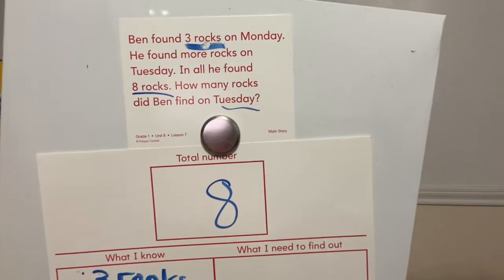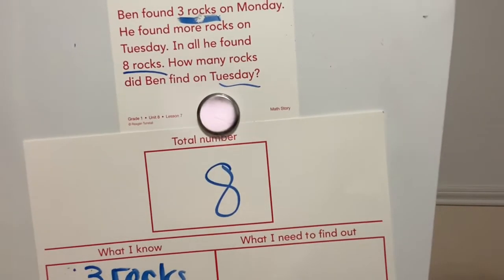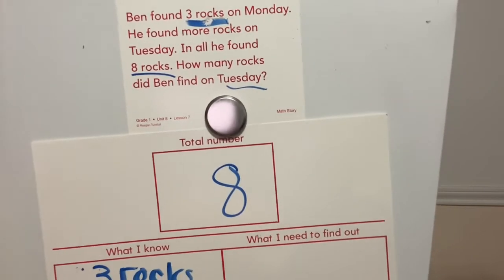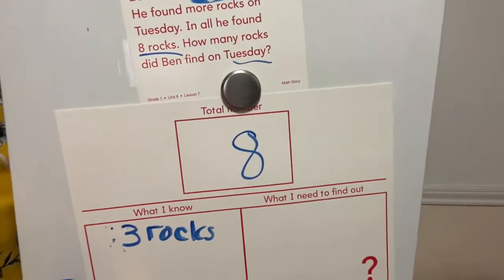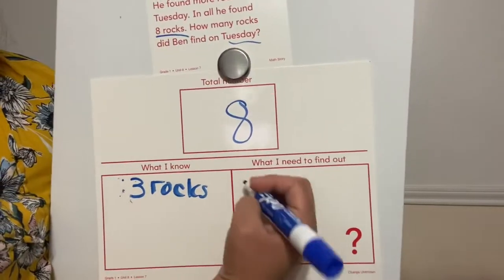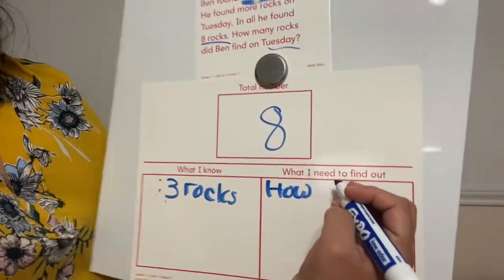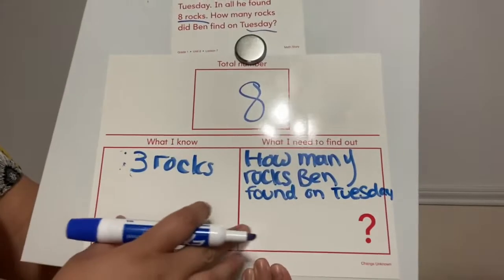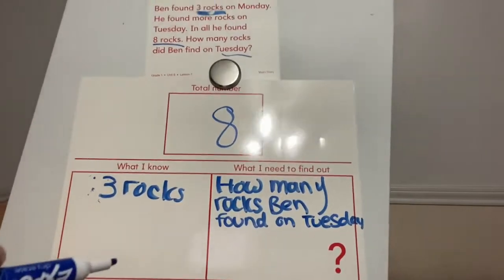In our word problem, it doesn't say how many rocks Ben found on Tuesday. So we have to figure it out with the information that we have. Now we have to find out how many rocks he found on Tuesday. Right there, I wrote that we need to find out how many rocks Ben found on Tuesday.